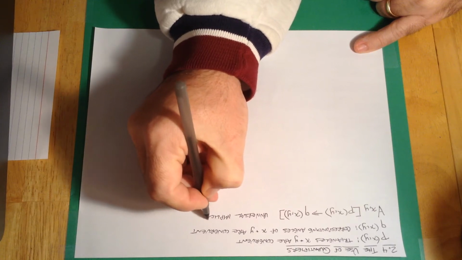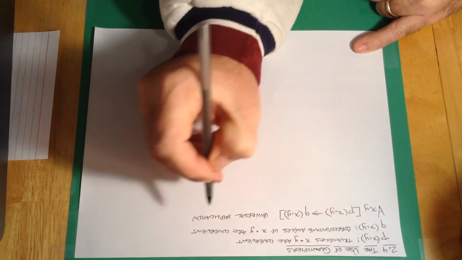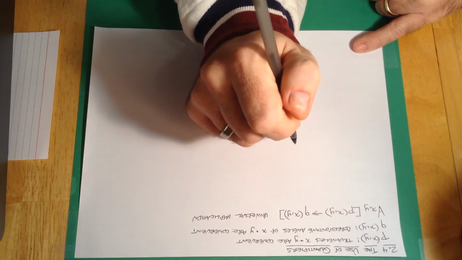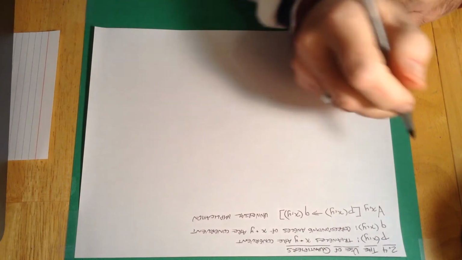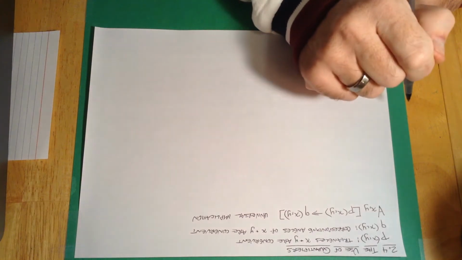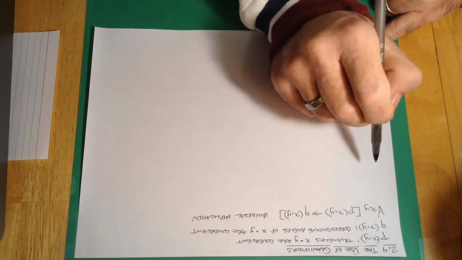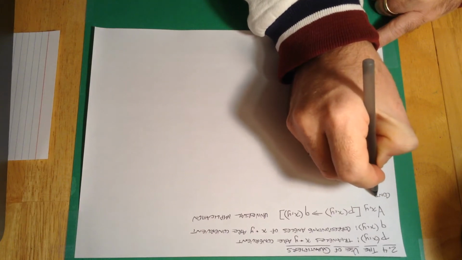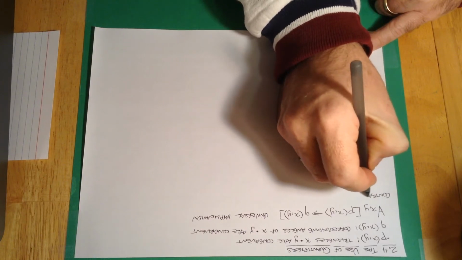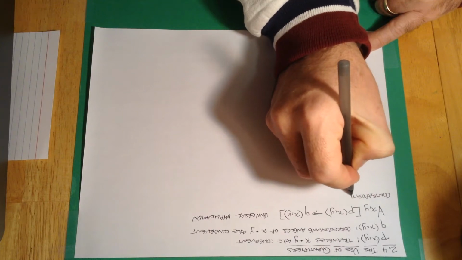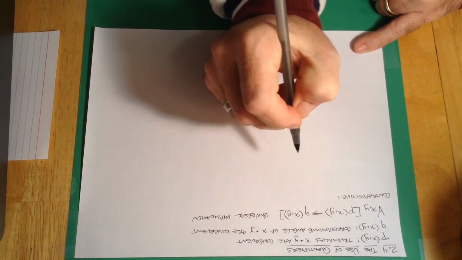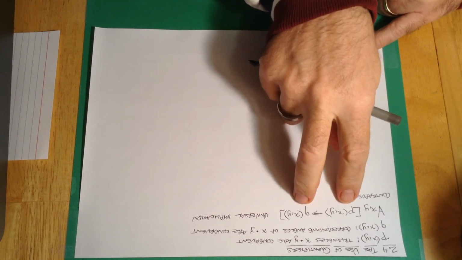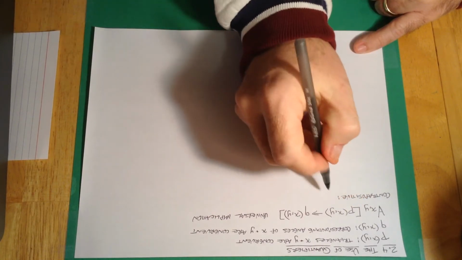Alright, now we've talked about the inverse, converse, and contrapositive. Let's think about, if this is the implication, what the contrapositive would be. And hopefully you recall that the contrapositive is reversed and negated.